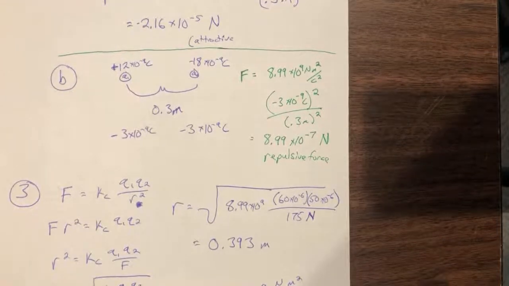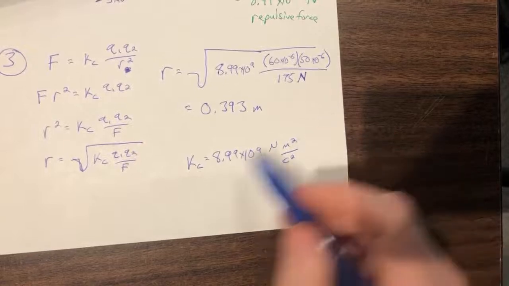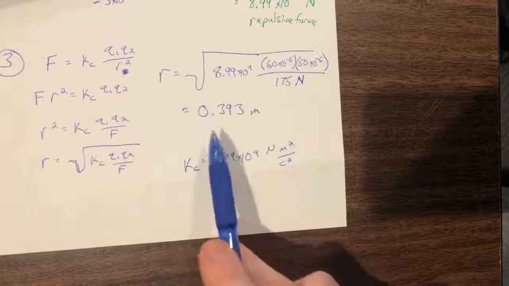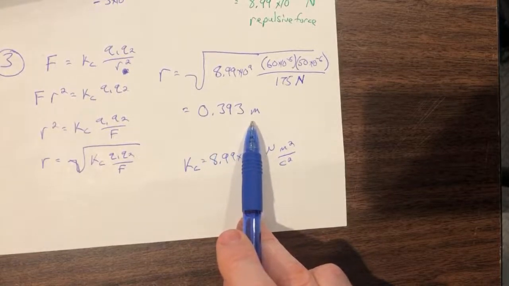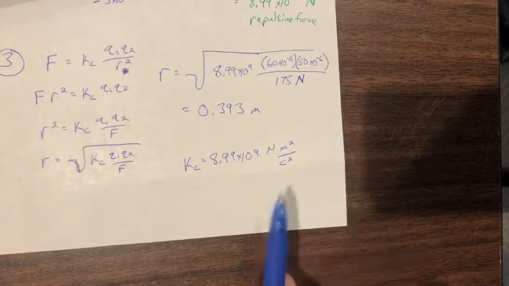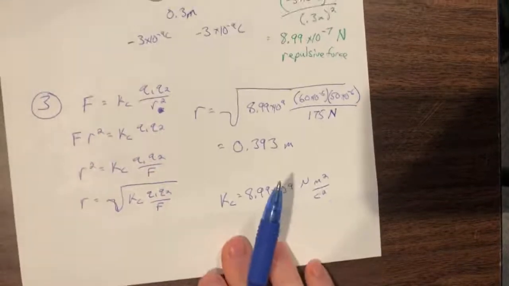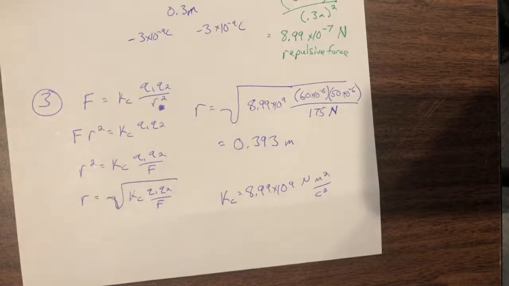The answer of 3 down here was 0.393 meters, right? I was looking in the wrong spot. Okay, so yeah, down here, this is the value of Kc. Okay, cool.